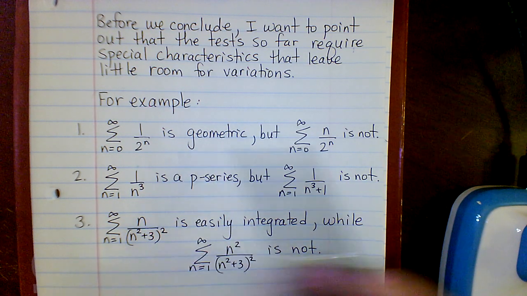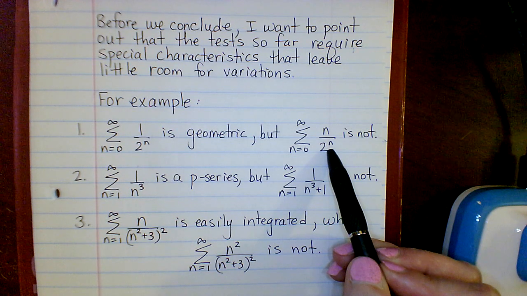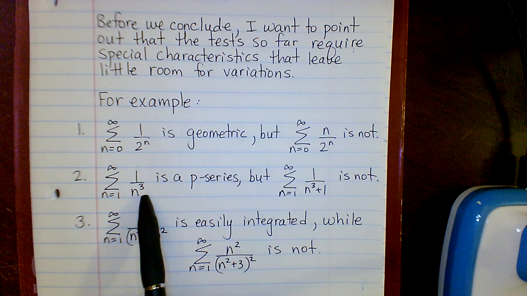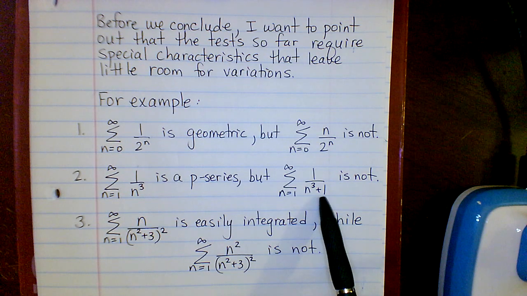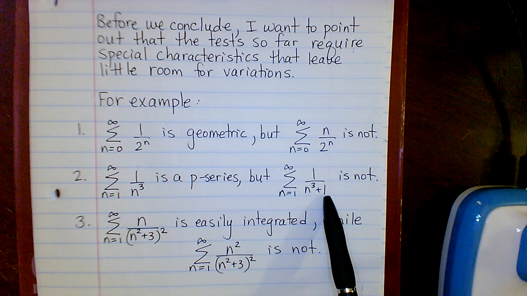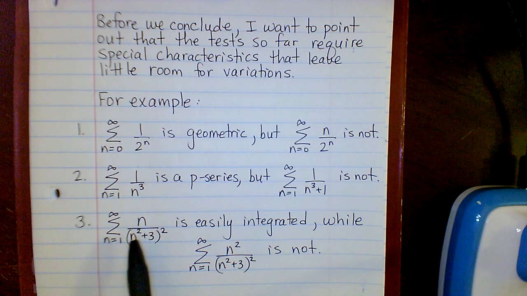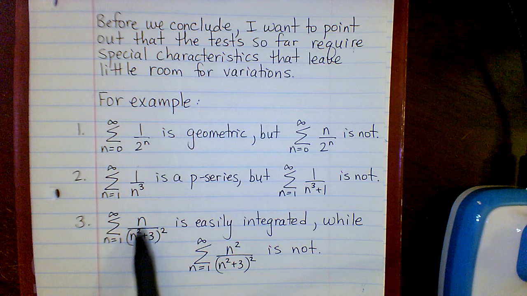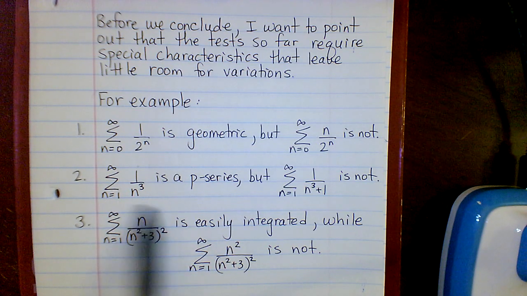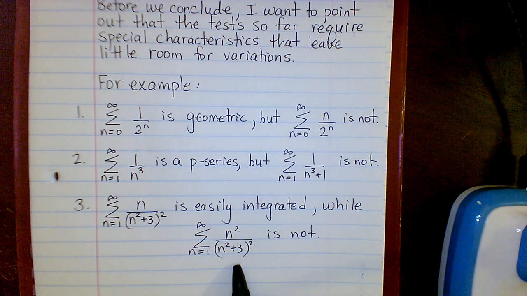However, if I put an n on the top, it's no longer geometric. 1 over n cubed, that's a nice easy p-series. But look, as soon as I add a little plus 1, no longer a p-series. This series, if I look at its related function of x over x squared plus 3 quantity squared, that one's easily integrated. This one's not so much.